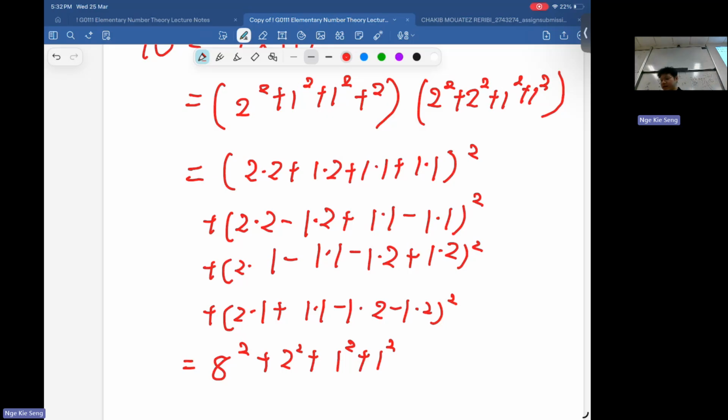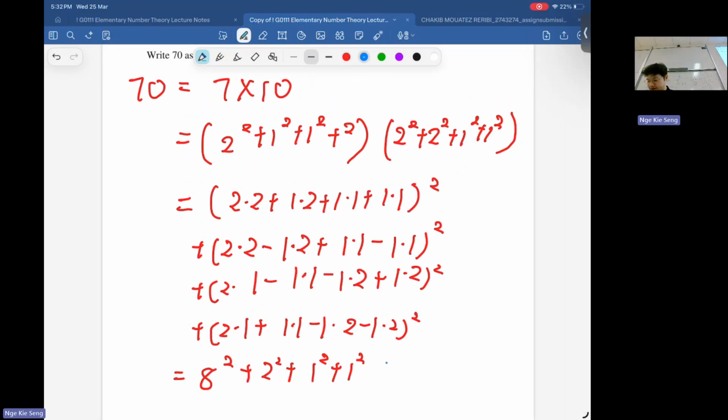So you can do a sanity check here. Is it true? 64 plus 4 plus 1 plus 1. Good. Okay.